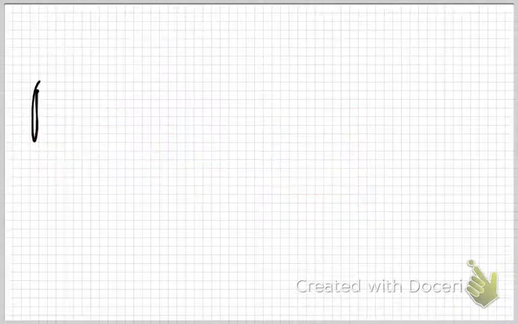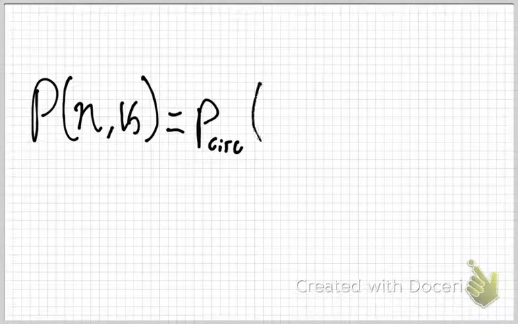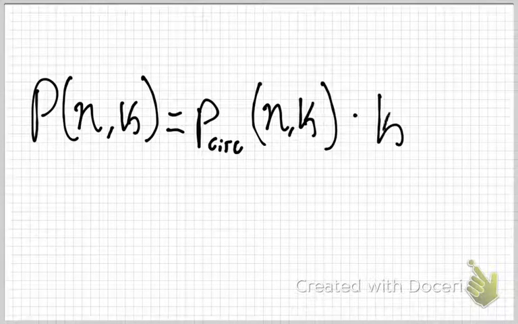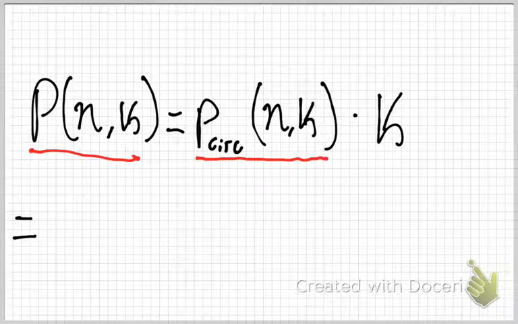Whoops, gave it away too quick again. All right. So the number of regular permutations, P and K, is equal to the number of circular permutations, P circ and K, times the number of spaces that we have to select, K. That's in general.